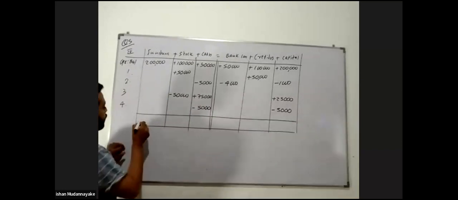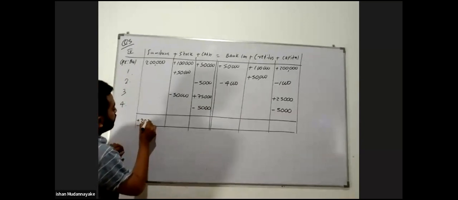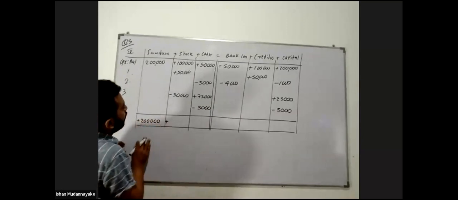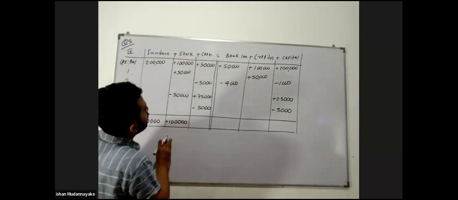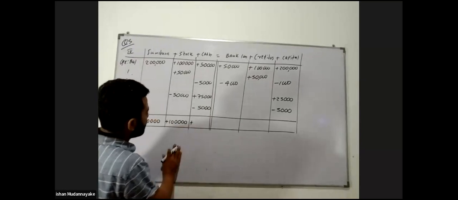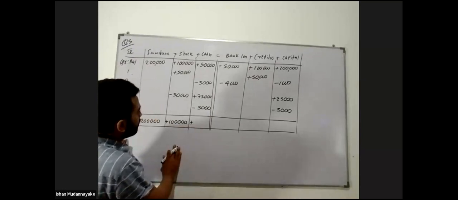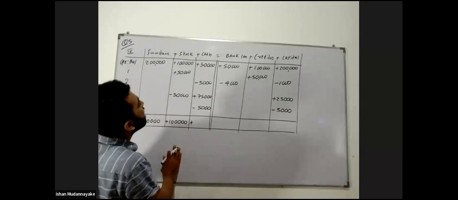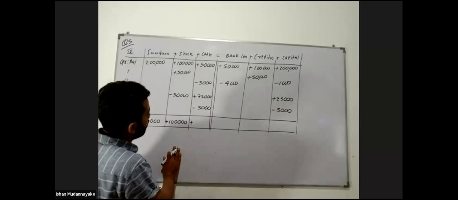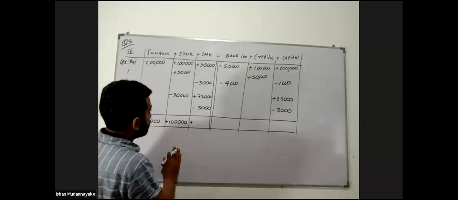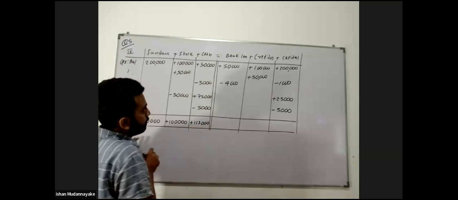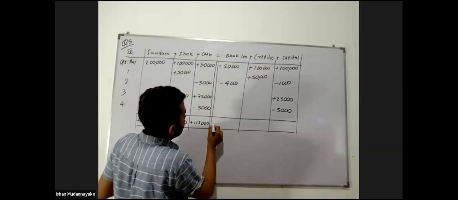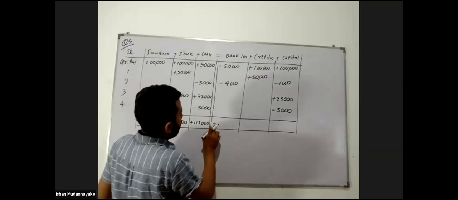So then here furniture 200,000. And then stock 100,000. And then cash balance how much? 115,000. Alright.